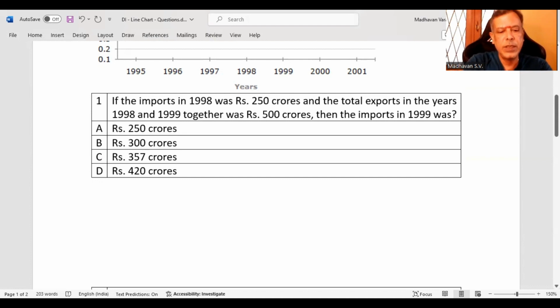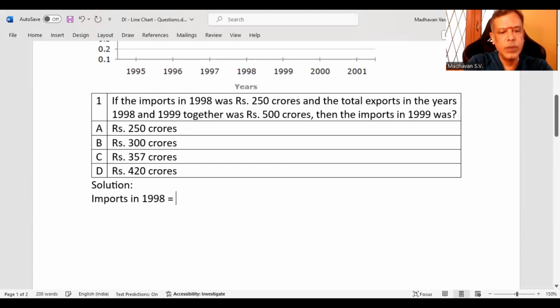That is the question. First, let us consider what is being asked: how much are the imports in the year 1999. For that, they gave us imports in 1998 as 250 crores. Imports in 1998 is equal to rupees 250 crores.